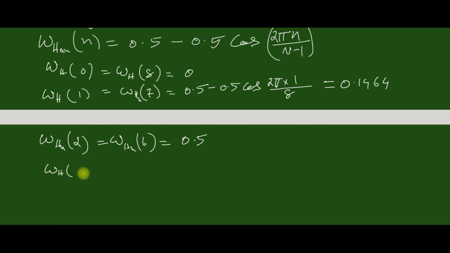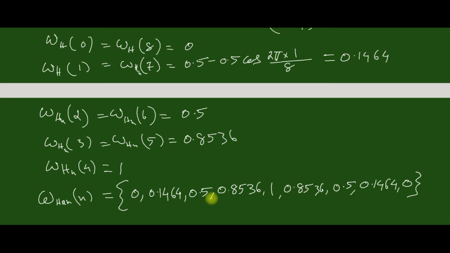Then wh of 3 equal to wh of 5 equal to 0.8536. WH of 4 equal to 1. The Hanning window sequence corresponding to n equal to 9 will be obtained like this.